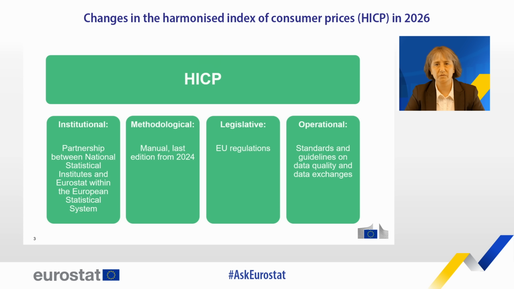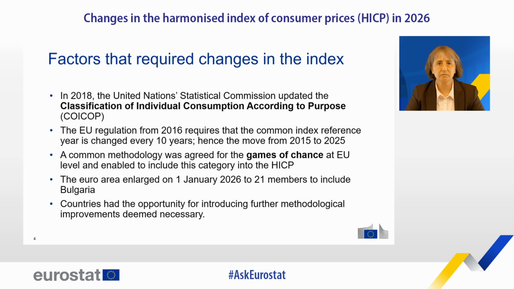There is a regulation from 2016 adopted by the European Council and the Parliament that informs about the basic requirements that apply to this index, and there are further Commission implementing regulations that contain more technical, detailed requirements. At operational level, this is also strengthened by standards and guidelines developed and applied by the European statistical system.